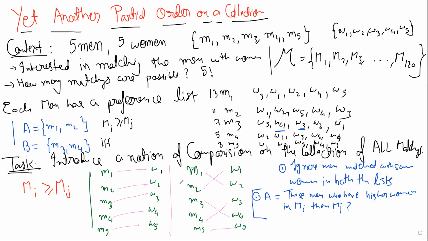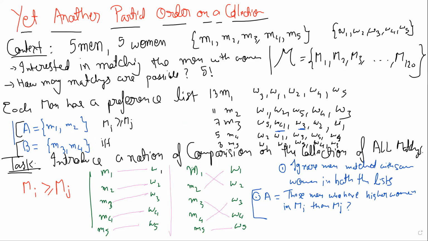You take two matchings and you see the places in which mi is winning, and that is A. Then you look at the places where mj is winning, and that is B. Now you see which man is winning in which one.